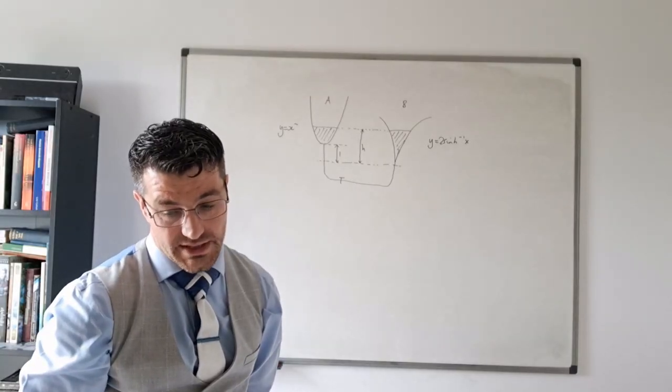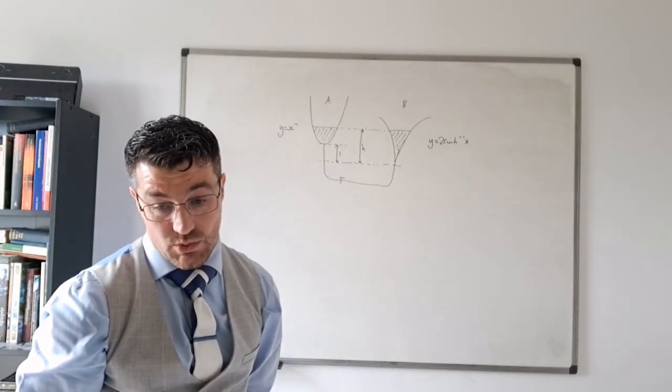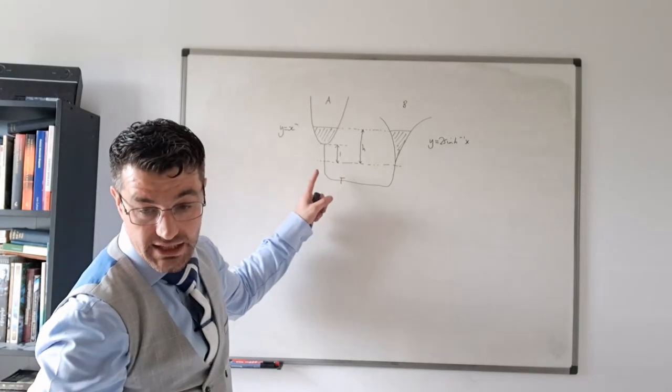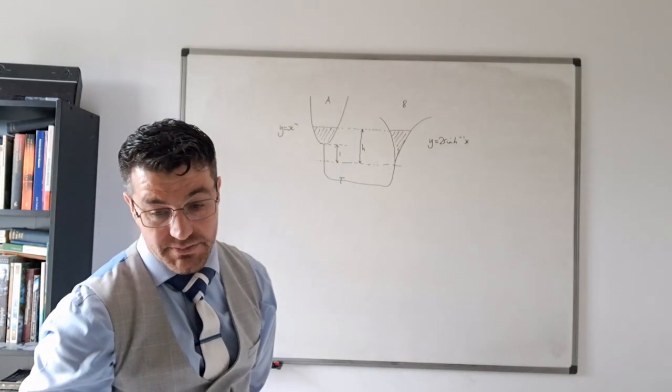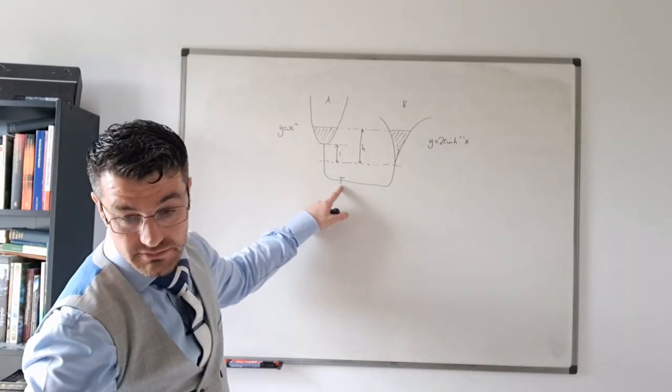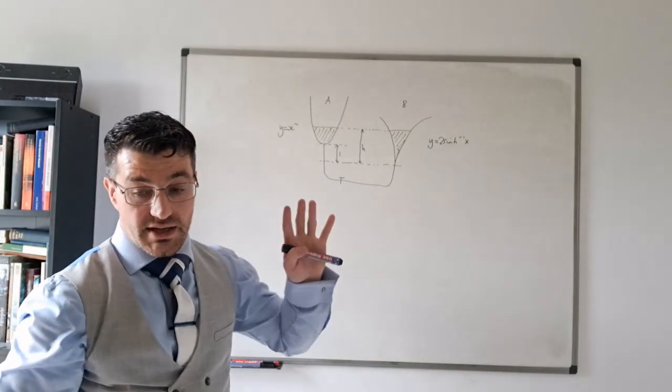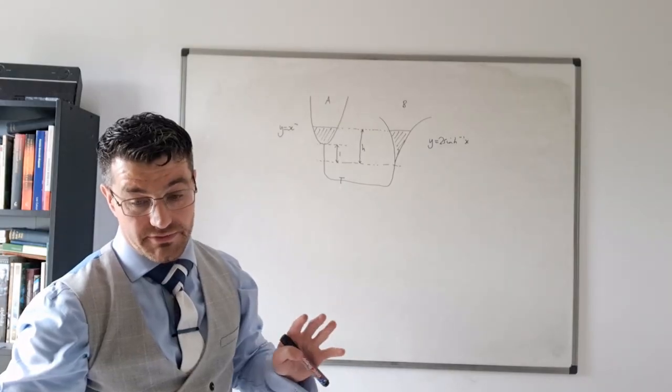The bottom of B is 1 unit lower than the bottom of A. That's this distance here. And they are connected by a thin rubber tube with a tap in it. The tap is closed. A is filled with water to a depth of 4 units.